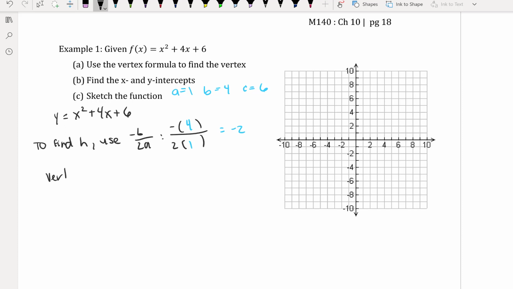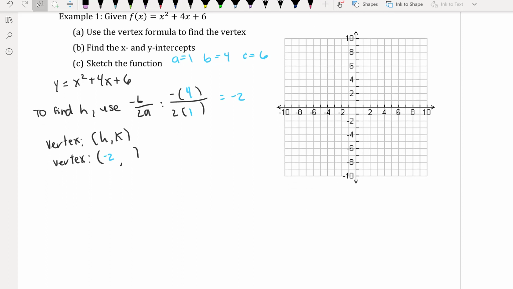So for my vertex, since I know it's (h, k), I at least know the h value, and the h value here is negative 2. To find k, I plug that back into my original equation.